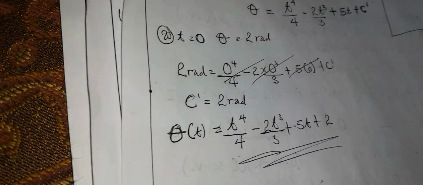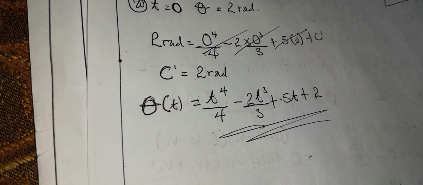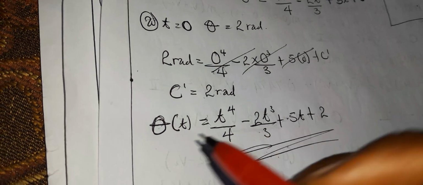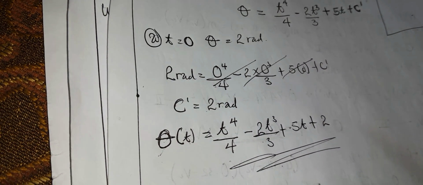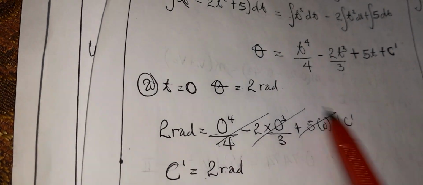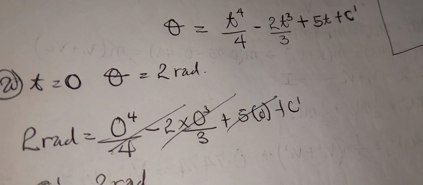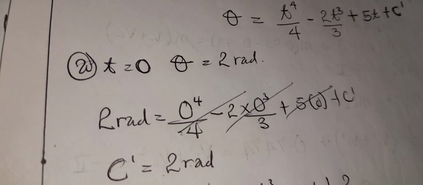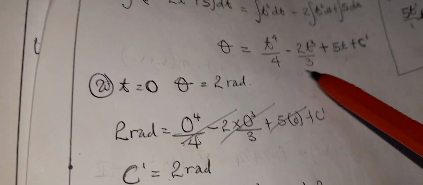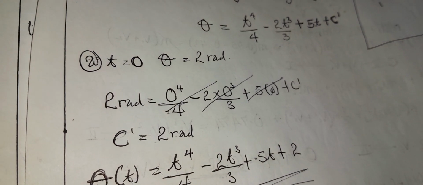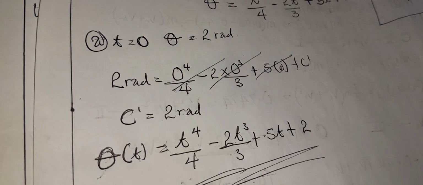So this is the expression for the angular position of the shirt, theta with respect to time. The reason why we went through all the stress is because we can't leave c as a constant; it has to be a value. If that information were not given in the question, then we leave our answer like this. But since certain information was given in the question, we need to utilize it and get this.